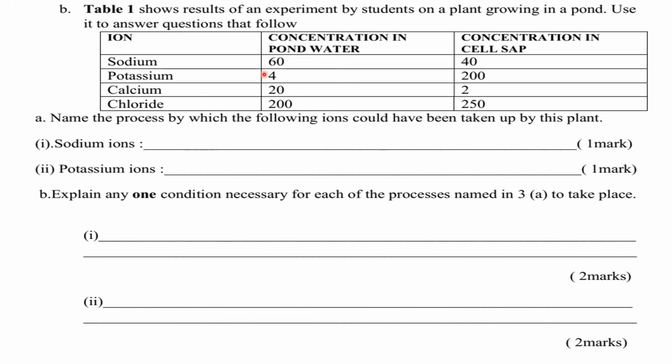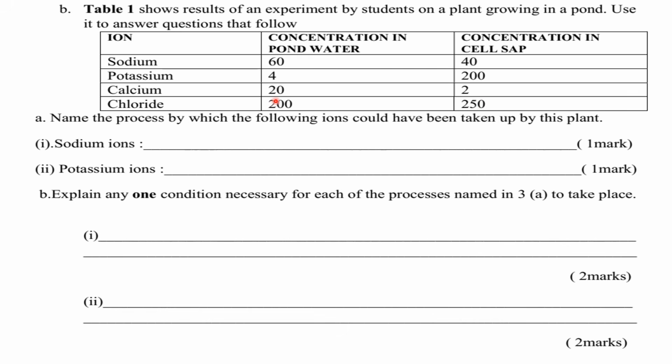Potassium, the concentration is 4, there's less potassium in the pond than in the cell. There's more calcium in the water than in the cell. And lastly, the chlorides, there are fewer chlorides, that's 200, than in the cell where there is 250 of them.